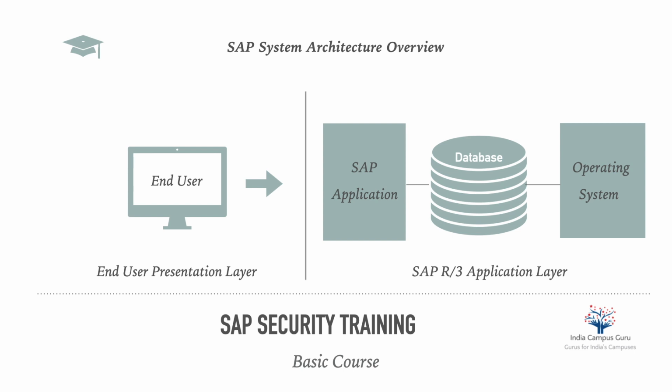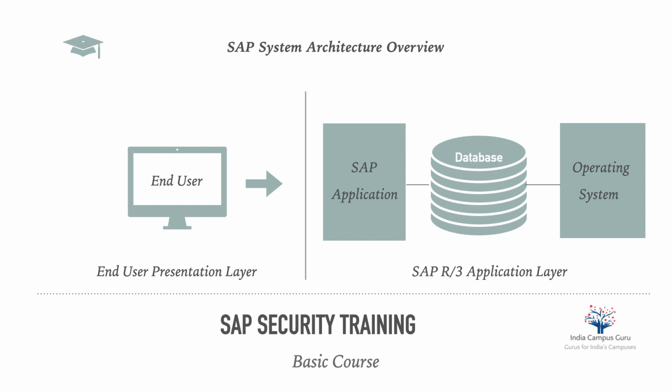Let's just focus on this: you have the operating system, you have the database, which can be Oracle, MS SQL, or SAP's own database called HANA. Then the top layer is the actual SAP program, the SAP NetWeaver or SAP ABAP layer.